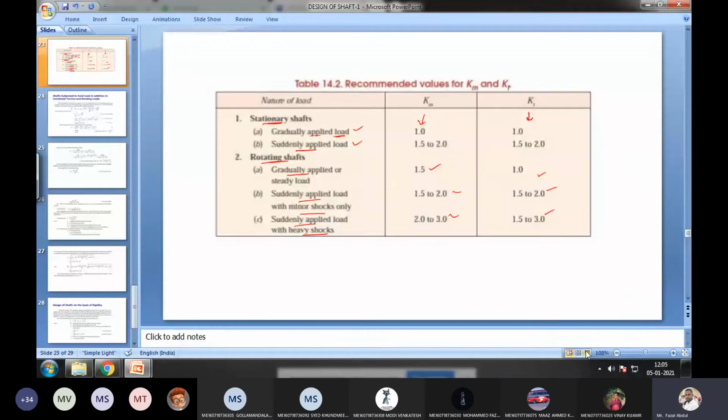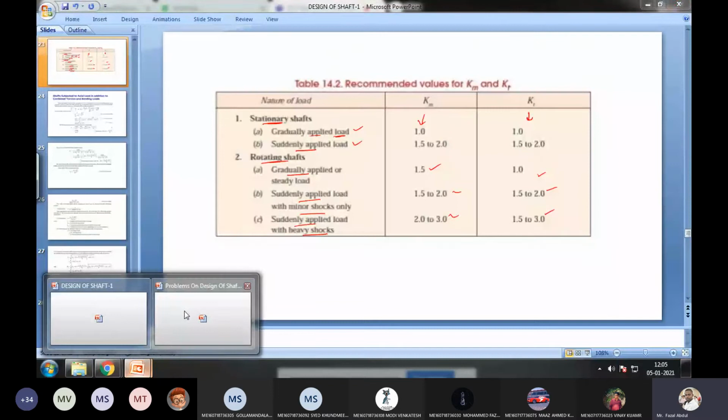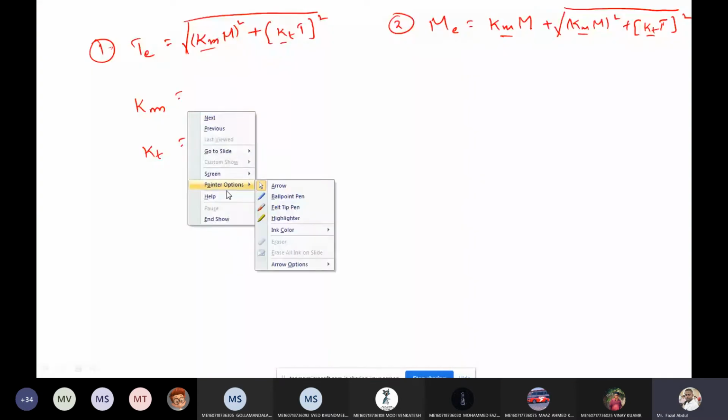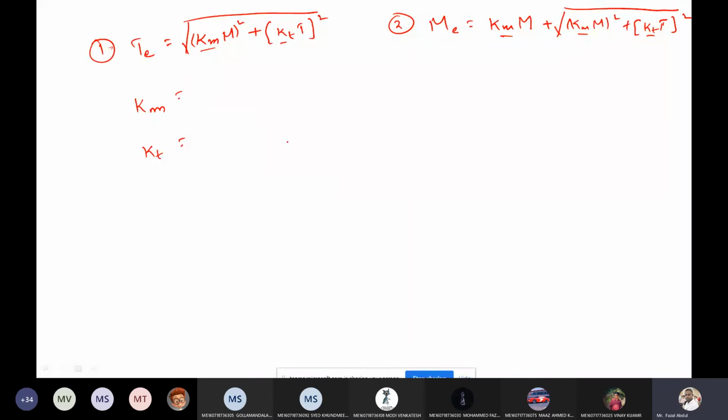So in this situation, the Kt value is 1 and the Km value is 1.5. Like this we need to take. Km value how much? 1.5. Kt value is 1.